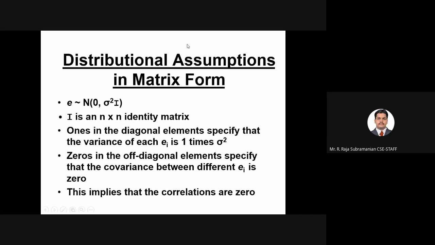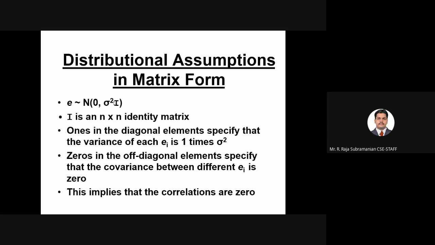So yeah, I had an assumption here that the error will be normally distributed, with mean equal to 0 and variance equal to sigma squared I. How did this sigma squared I come? We understood that all the error values have a variance equal to 1, and they will be purely independent, right? When I have a huge number of independent variables, none of them have any relationship between them, right?